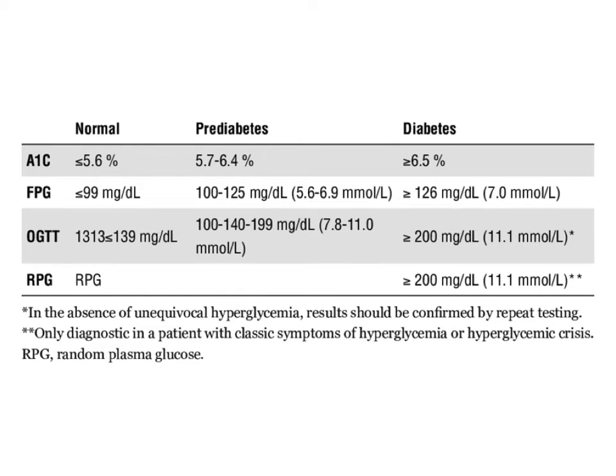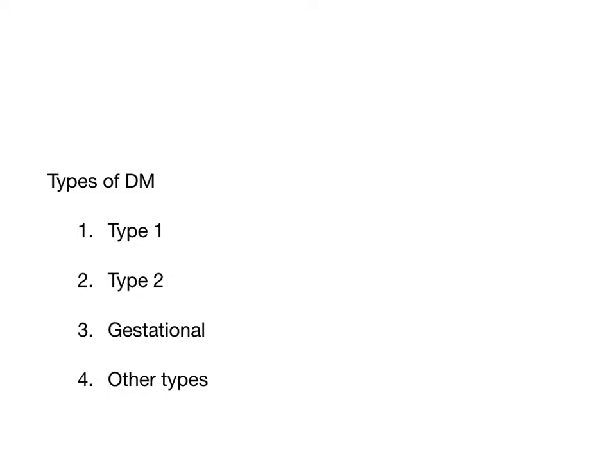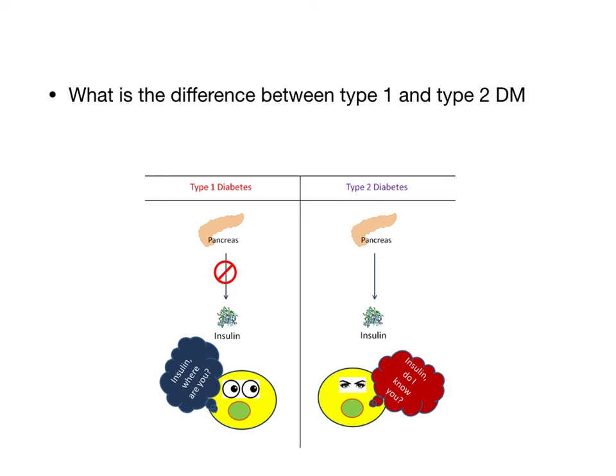So what are the main types of diabetes? There are four types actually: type 1, type 2, gestational and other types. We will basically focus on type 1 and type 2 diabetes mellitus. What is type 1 and what is type 2? Type 1 is no insulin.